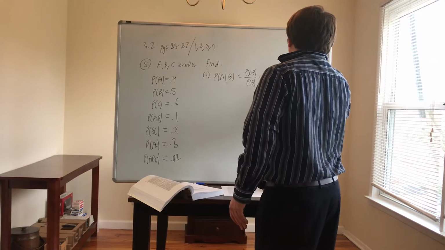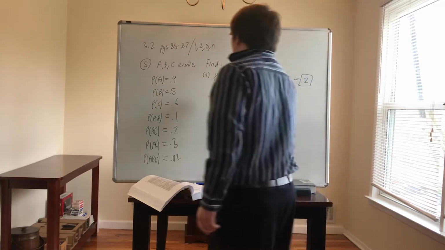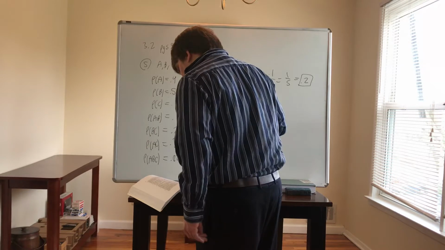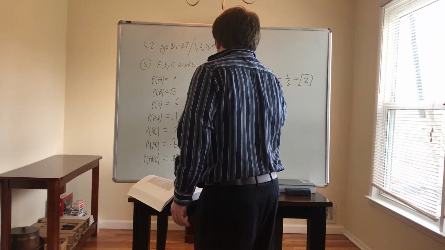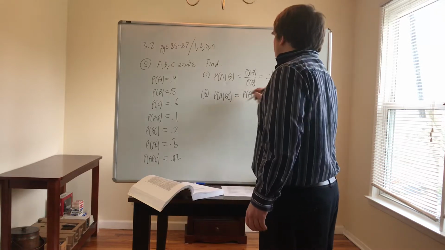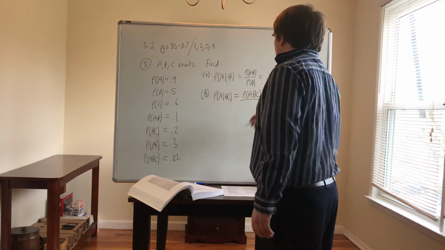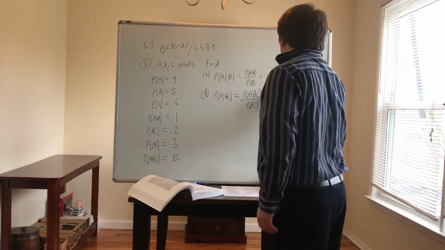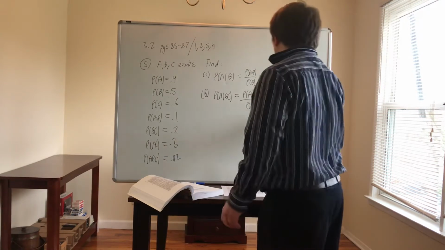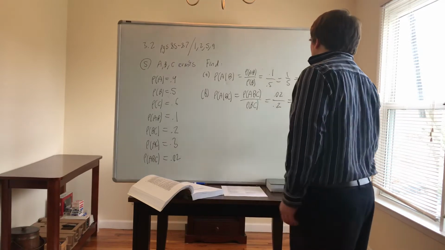That's 1/5, which is 0.2. Part B, probability of A given BC. This is the probability of A and BC, which is ABC, over the probability of BC. The probability of ABC is 0.02 divided by the probability of BC, which is 0.2, and that's equal to 1/10.